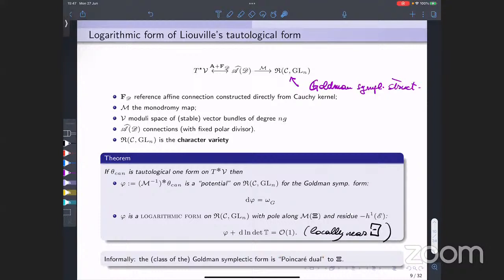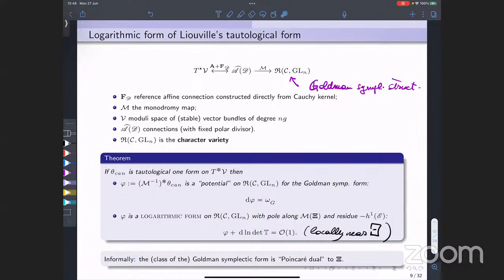But what we are saying is that the Goldman symplectic form as a two-form in cohomology is the Poincaré dual to the theta divisor, because you can write a global meromorphic one-form whose differential is that. The fact that the residue is that is one way of characterizing Poincaré duality.